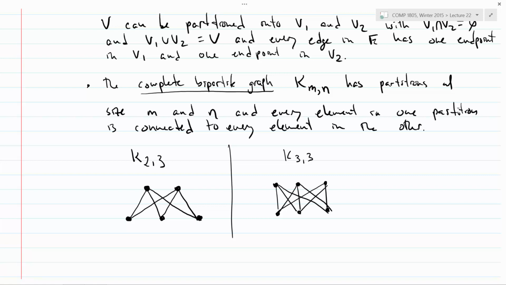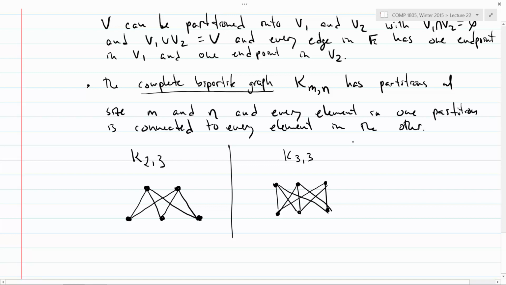So you could do this the other way, right? Notice the bottom one, this one is connected to that one, and that one. This one is connected to that one, and that one. So while you're drawing it, I like to go from top to bottom. You can go bottom to top, but the end result is the same. And none of the ones on top are connected to each other, and it's the same on the bottom, because then you would have an edge between 2 vertices in the same partition.